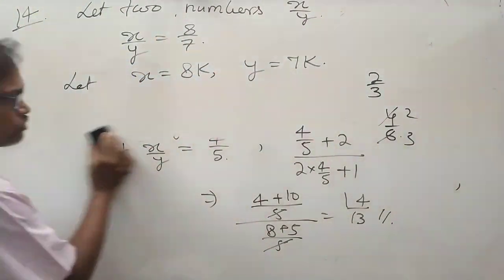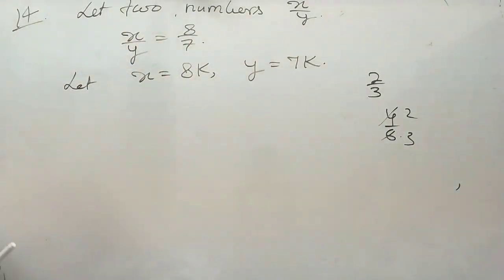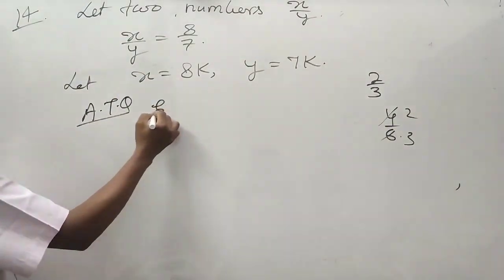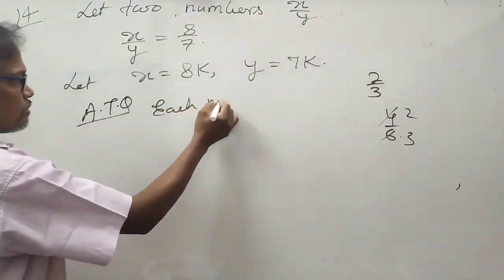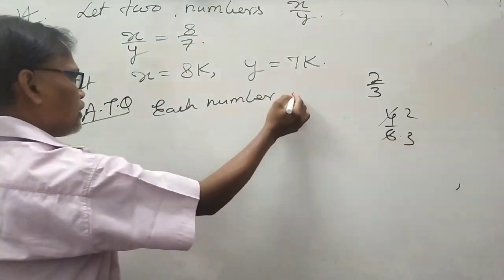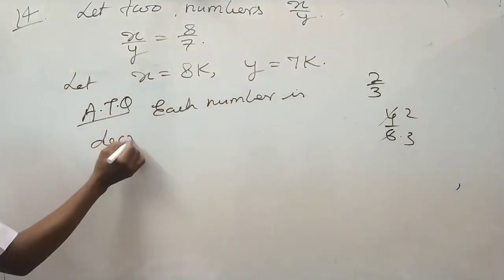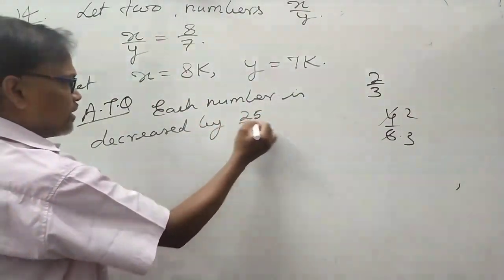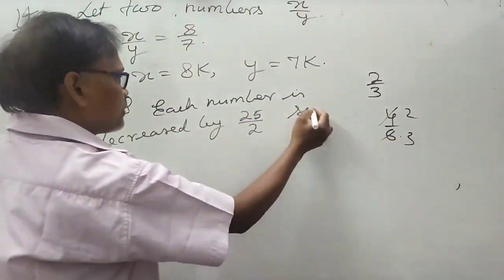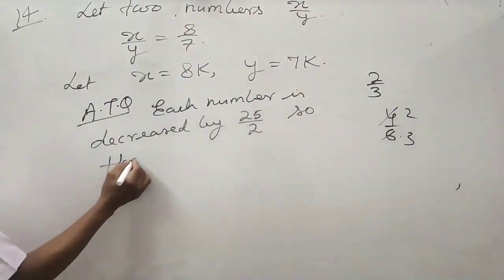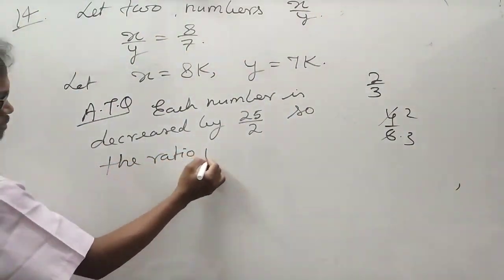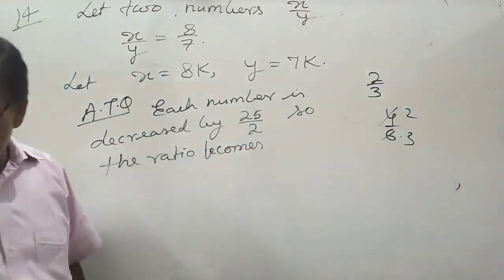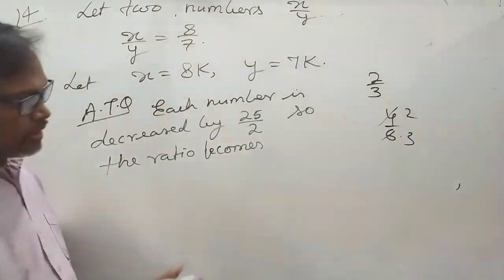Now according to the question, each number is decreased by 25/2, so the ratio becomes 11/9.